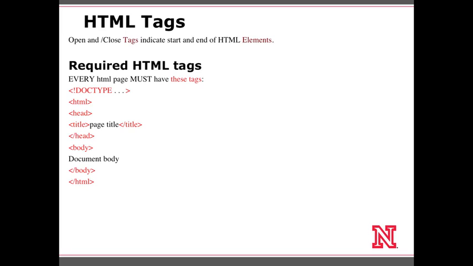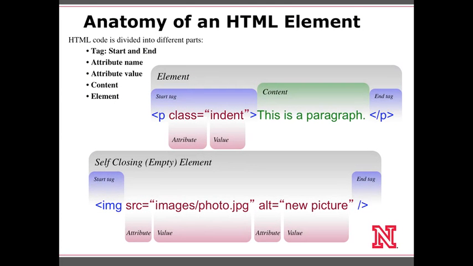If you don't have one of those, your page is automatically invalid. So make sure when you're building an HTML page that you include the doctype statement and those other 4 HTML elements. And those are the basic elements.